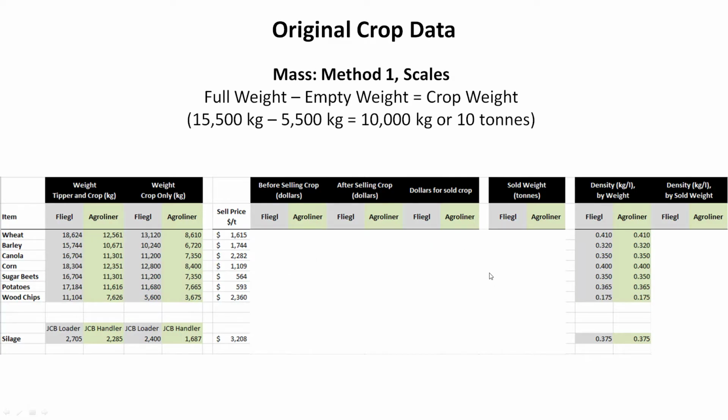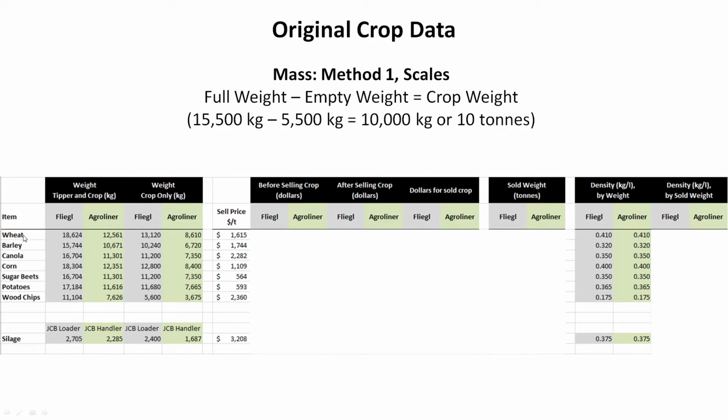So, into my data here, and I'll fill in the blanks as we go. Remember, I've already measured the empty capacity, the volume, and the mass of the second and third tippers, the Flegel and the agroliner. I'm kind of backwards, the agroliner is the smaller, lighter one. That's fine. So here's the weight, tipper and crop.